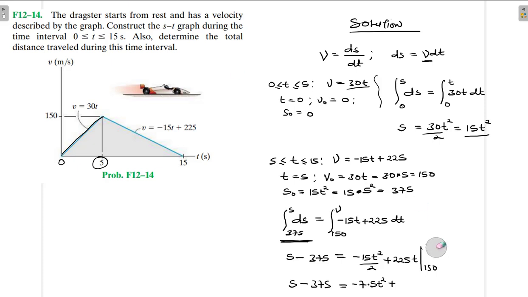It is from 150 to the time. What time here? This is the time here.